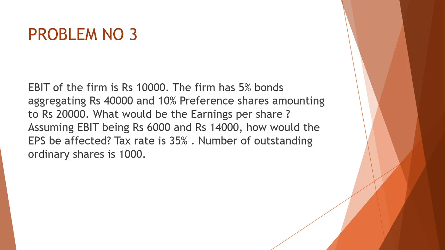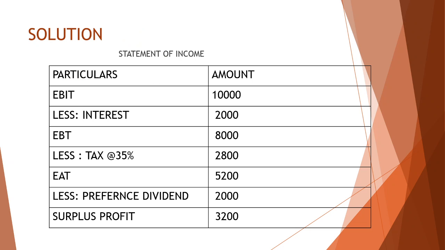Now let us find out the earnings per share. First situation is when the EBIT of the firm is rupees 10,000. We'll prepare a statement of income and find out the surplus profit. So EBIT is rupees 10,000 less interest. Interest on bonds, 40,000 is the bond amount and 5% is the interest. 40,000 multiplied with 5 by 100, you get 2,000 rupees.